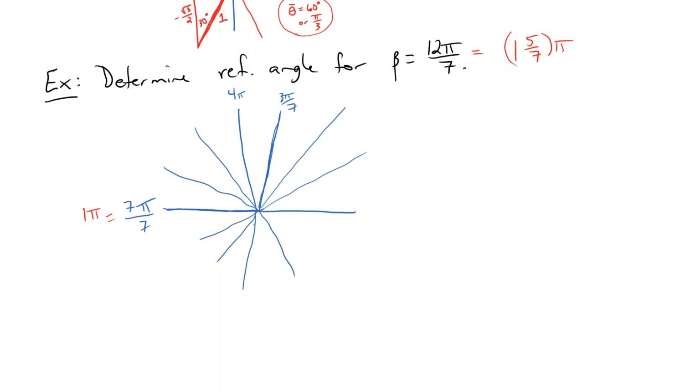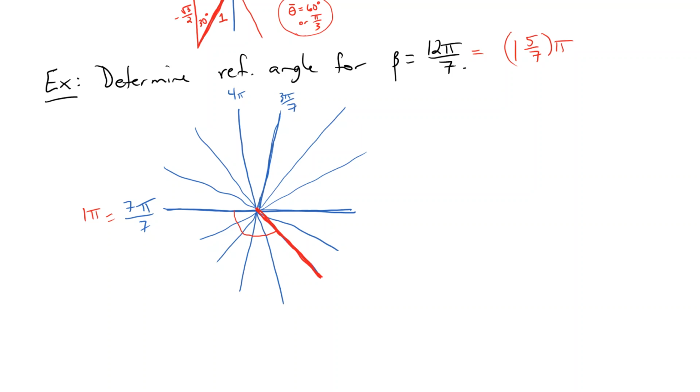Sorry, that 3 is not very good there. 3. The 4 is not very good either. Sorry about that. 4, 5, 6, and 7. So I need to rotate. I need to go to 1 and 5 more of those. So 1, 2, 3, 4, 5. This would be my terminal side.